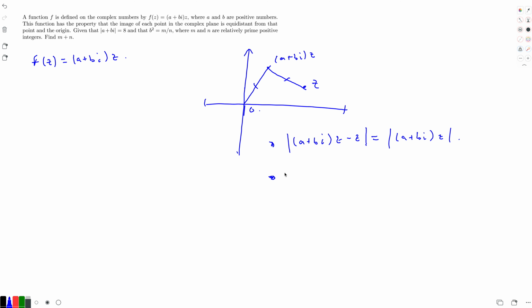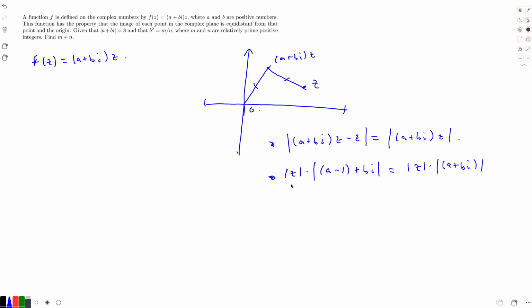Let's factor out a modulus of z on both sides. This becomes modulus of z times the modulus of a minus 1 plus bi, and this is equal to modulus of z times the modulus of a plus bi. That just follows from the fact that the modulus of the product of two complex numbers is equal to the product of the moduli of each complex number, and I'll leave the proof as an exercise for you guys.